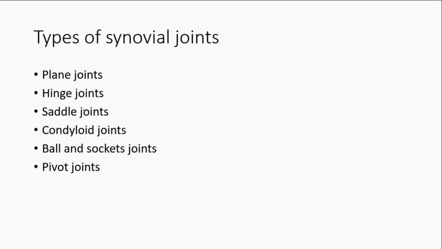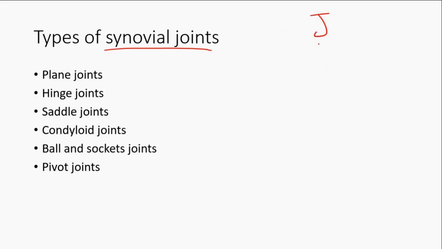Okay, so remember I told you that the most common joint in the body is your synovial joint. Before we go on, let's just take a step back. What are joints? Essentially they are things that allow you to connect one bone to another bone.